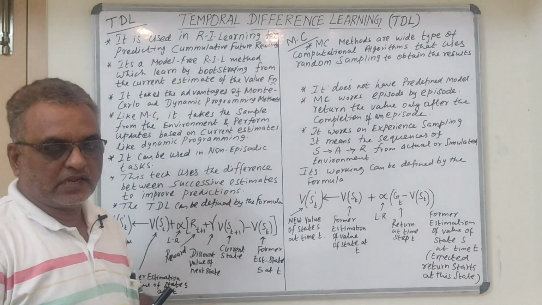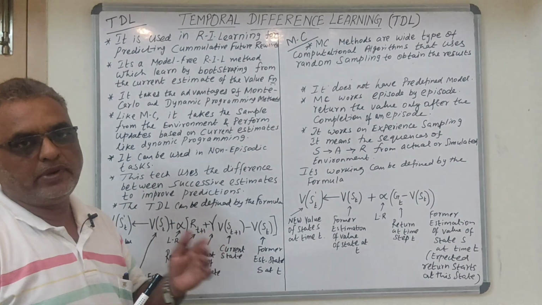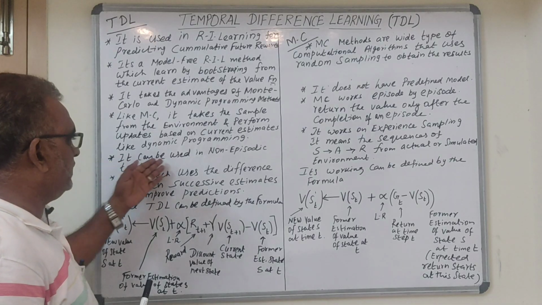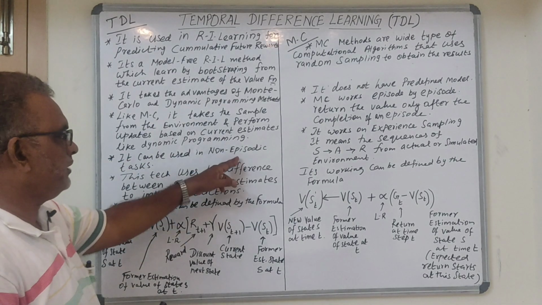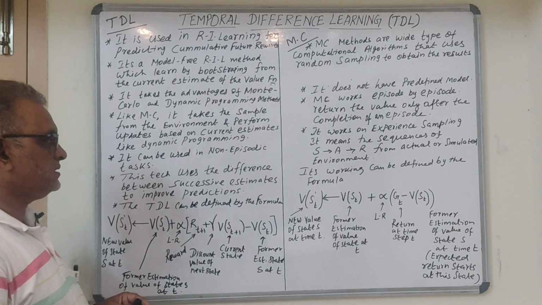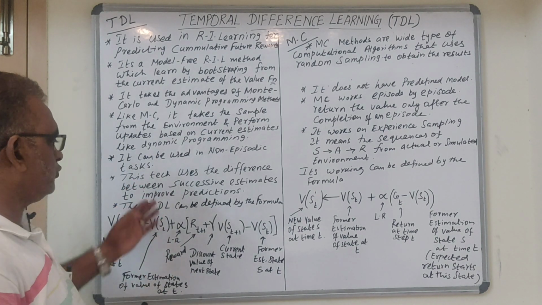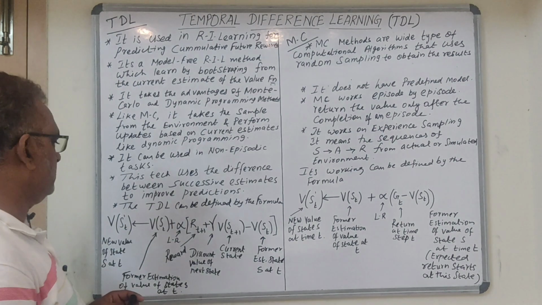In dynamic programming, the estimates are calculated step by step. It can be used in non-episodic tasks. This technique uses the difference between successive estimates to improve the predictions.